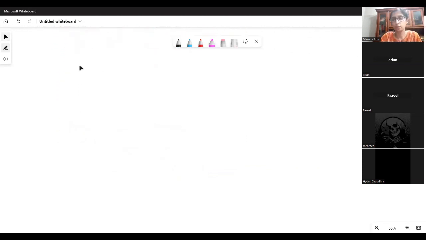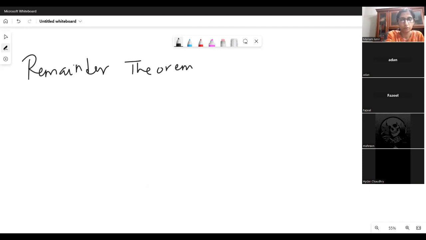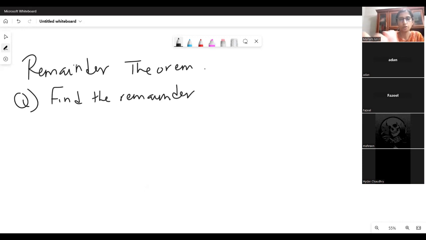So let's talk about remainder theorem again and factor theorem along with that. The remainder theorem. The question is, find the remainder. Same question as before.